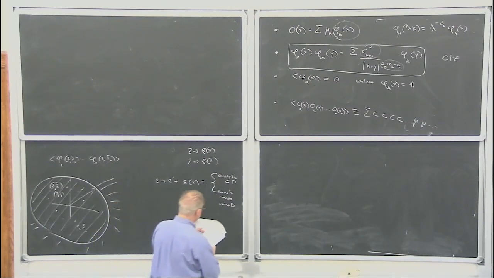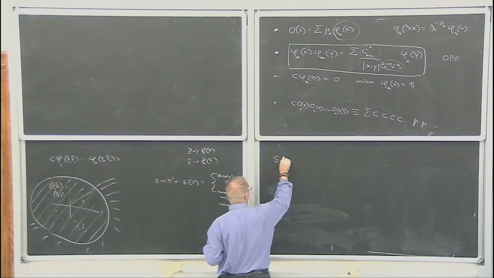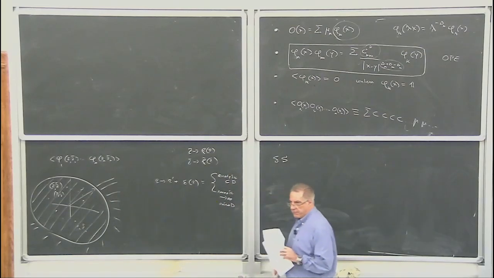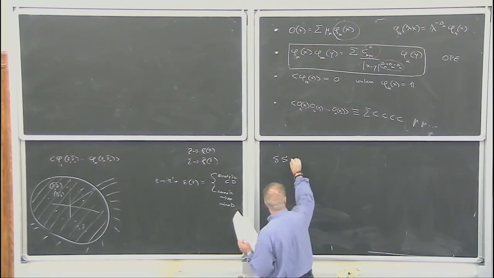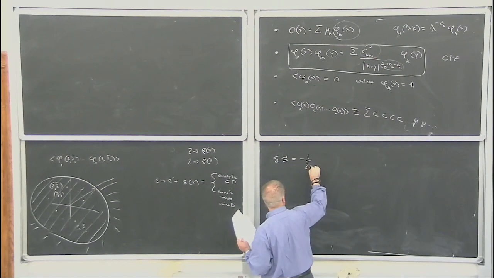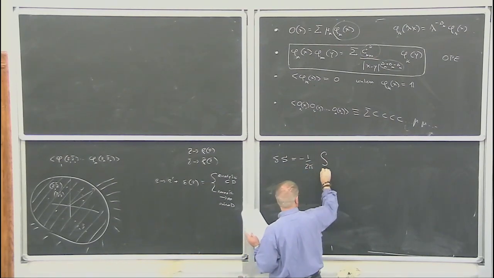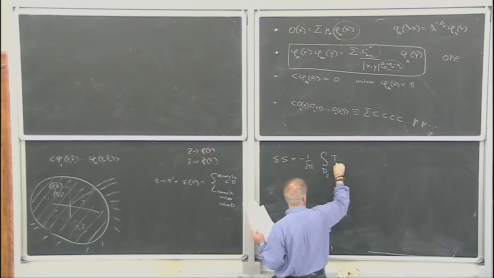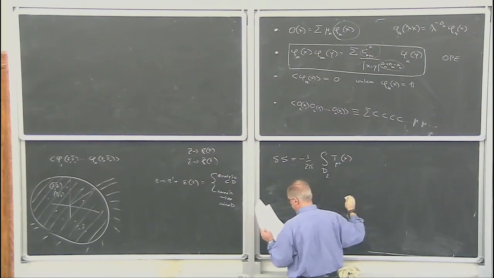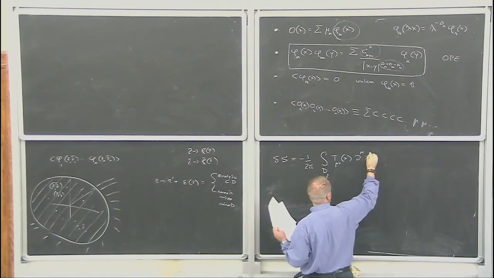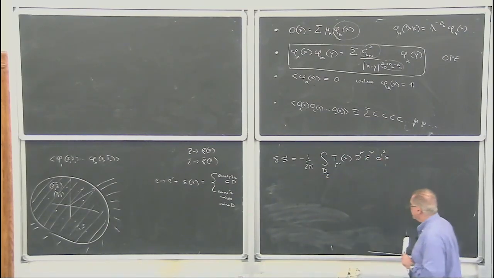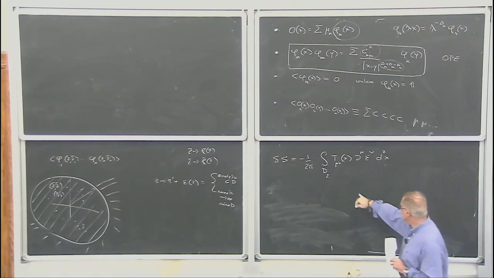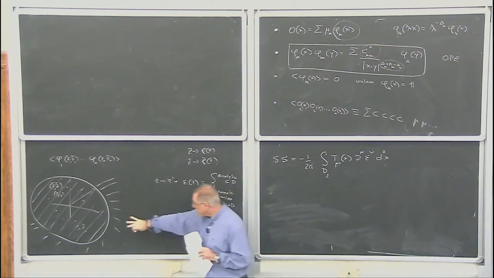So at this point, there is going to be a variation of my action, because if there was a symmetry, the variation of the action would be 0. But in this case, it is going to be something very explicitly related to the stress energy tensor, but outside the disk.